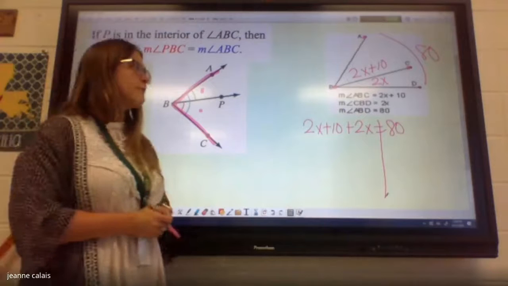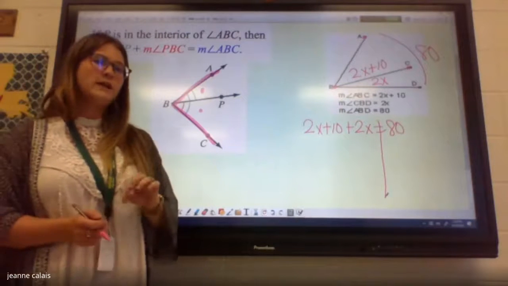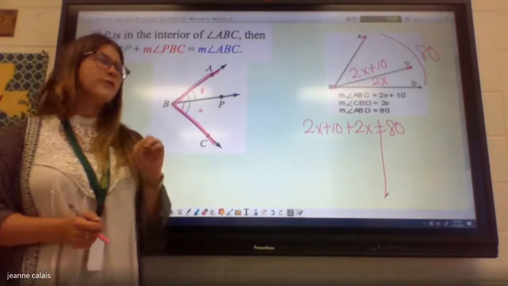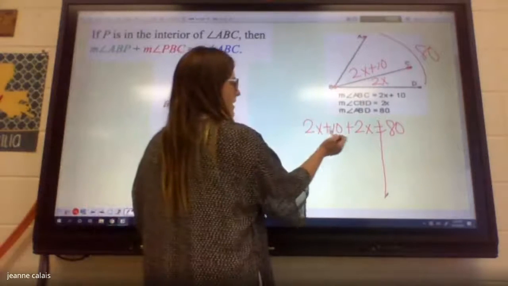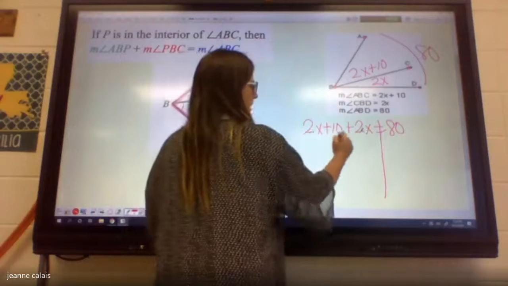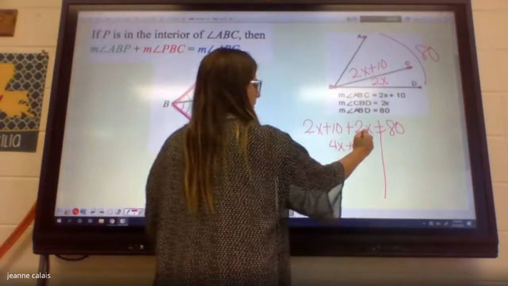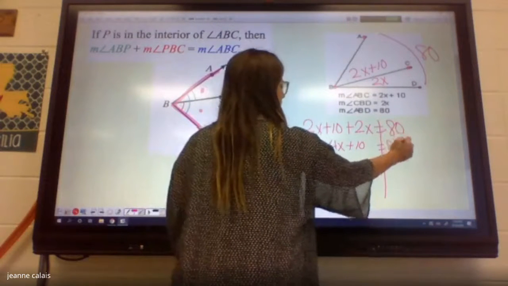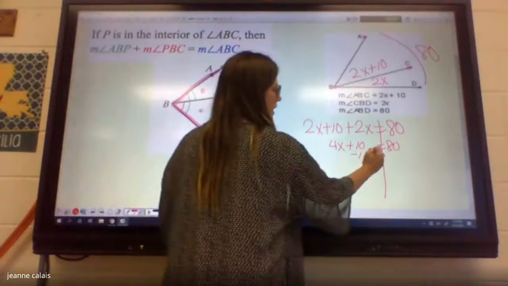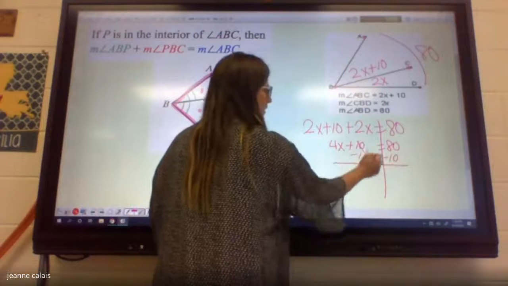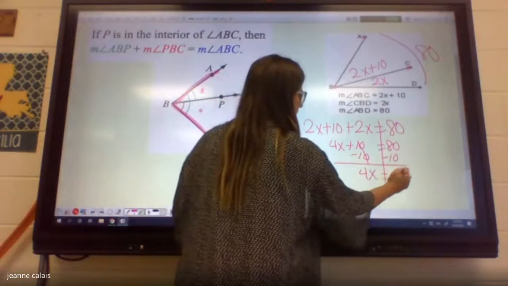You want to combine your like terms because remember, your end goal is to figure out the numerical value of the variable. So I'm going to combine my like terms. 2x plus 2x is 4x, plus 10 equals 80, right? Move the 10 to the other side. Bring down your 4x.